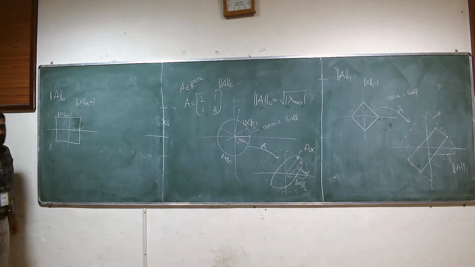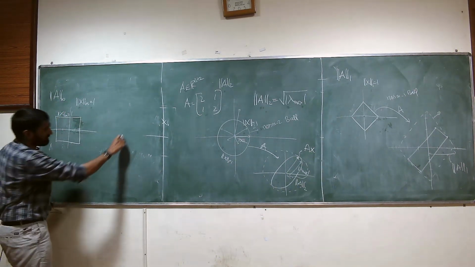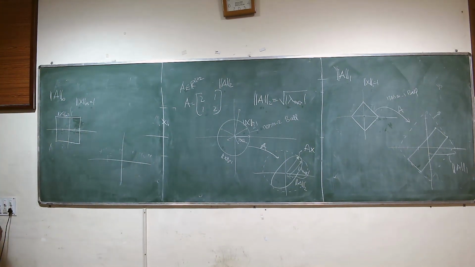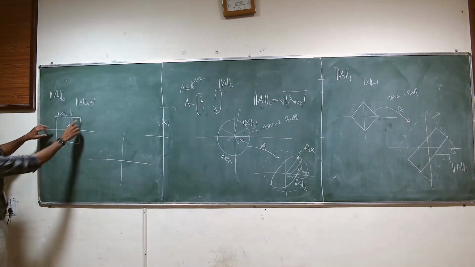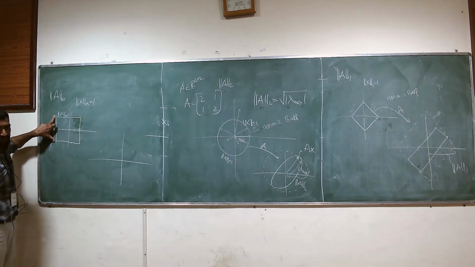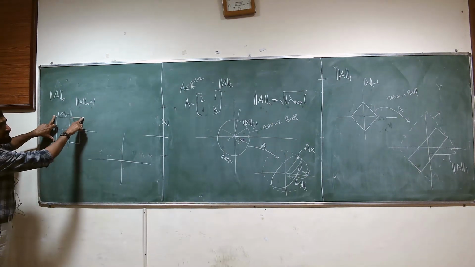But if you do the mapping, what will you get? So you only have to do the mapping for these corners and then simply join them by straight lines. What will 1, 1 get mapped to?